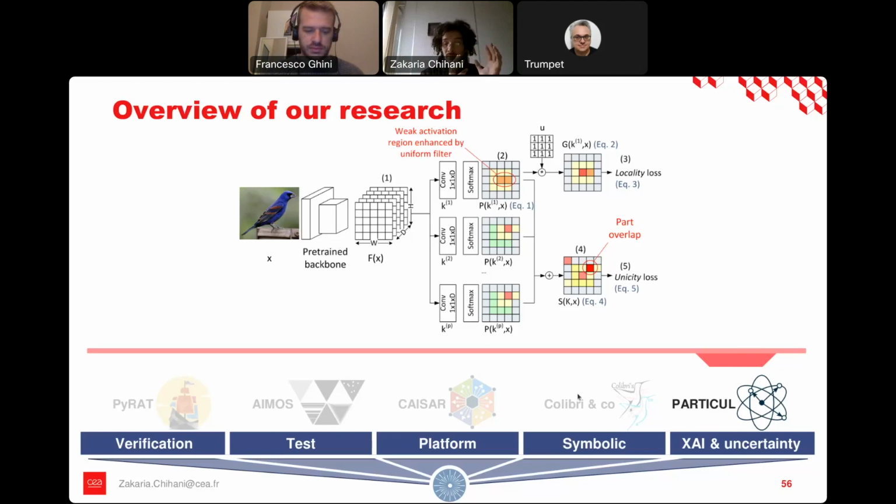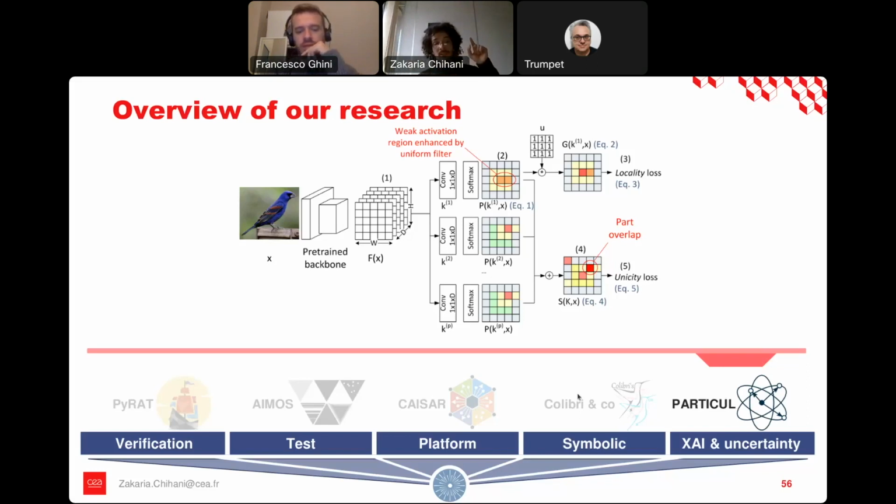Take that neural network, that model, have access to the second to last layer. So not exactly the classification layer, but just before. So remove the classification layer and plug just before it, and then plug different detectors on different parts of the inputs. And then train these detectors to detect different parts of the inputs in an unsupervised way.